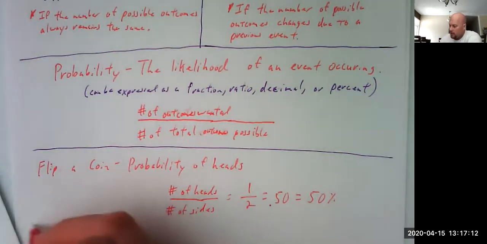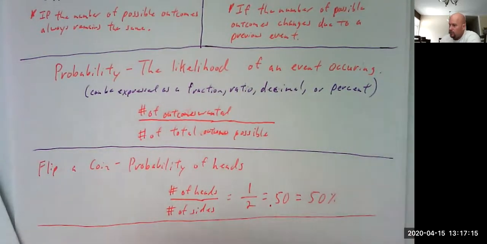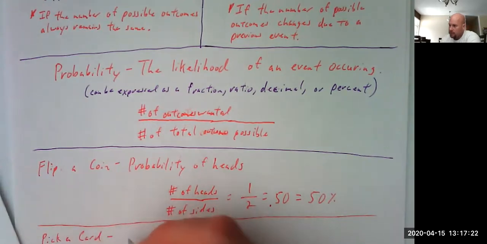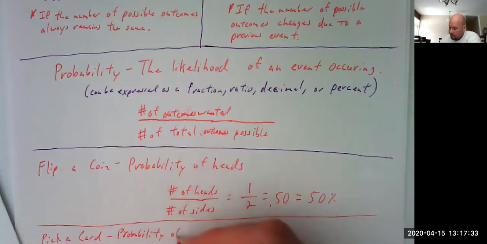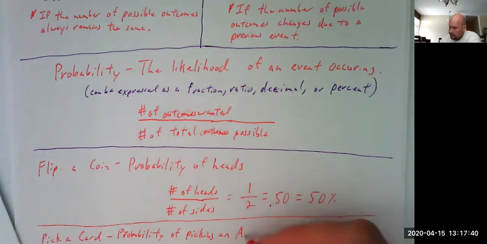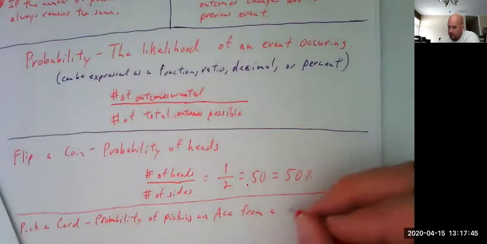Now, another basic idea would be picking a card. An example of this would be picking an ace from a standard deck of cards. So probability of picking an ace from a standard deck.